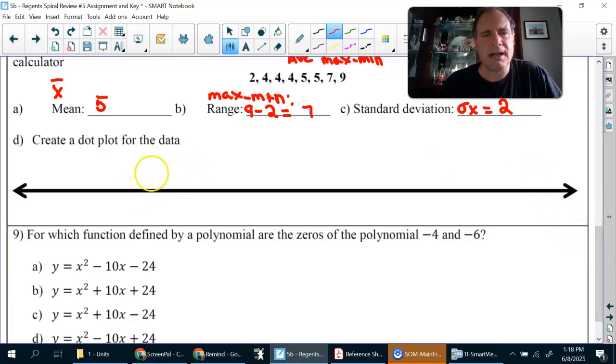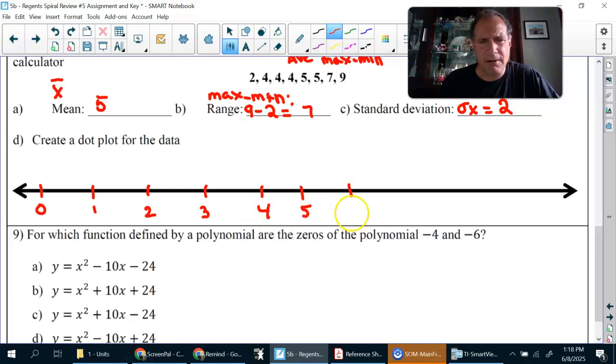Create a dot plot for this data. So we're talking about a dot plot, and we're not going to talk about a 5-number summary at all, because that's for a box plot. The data goes from 2 to 9, so we're just going to put 0 through 10, and we're going to put dots above every time we see those numbers.